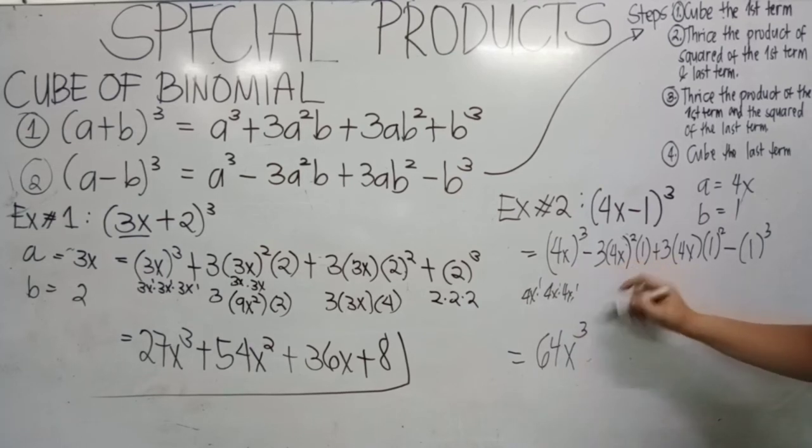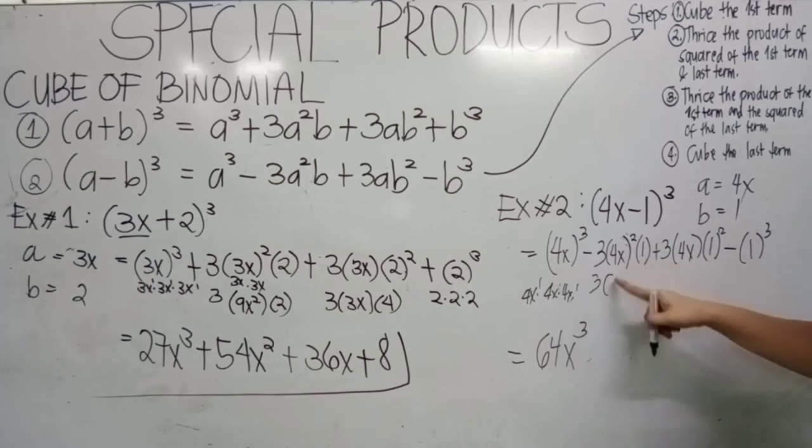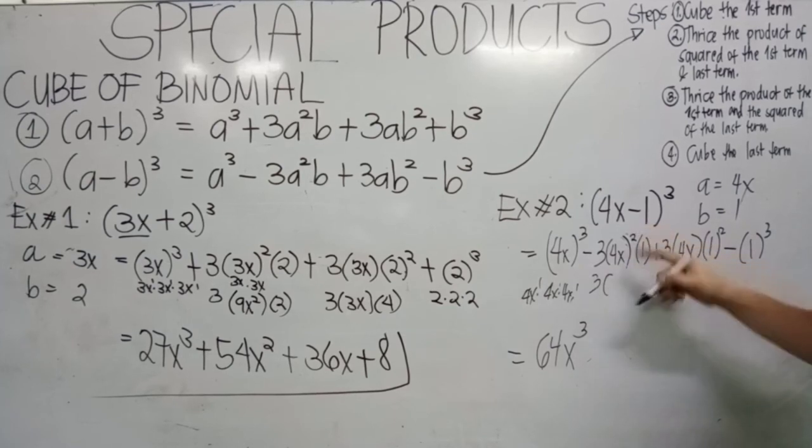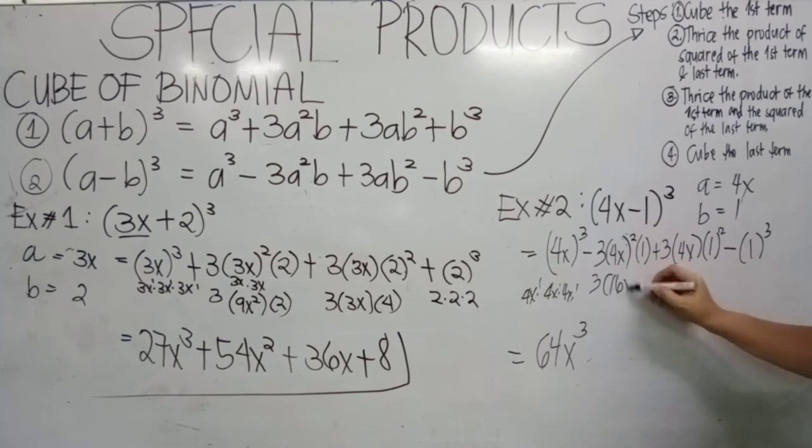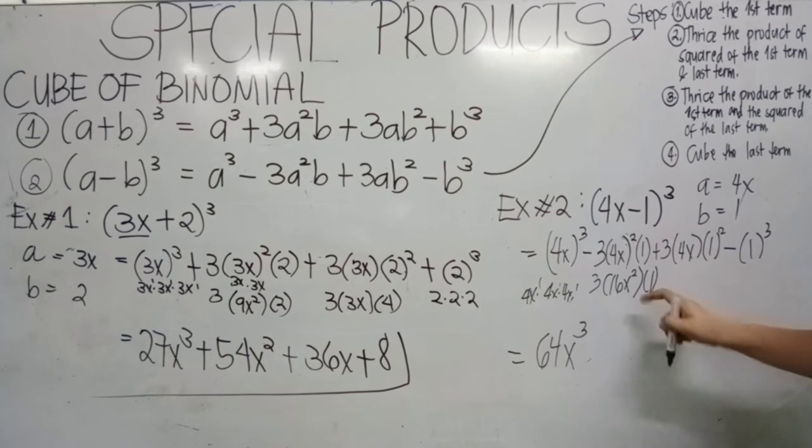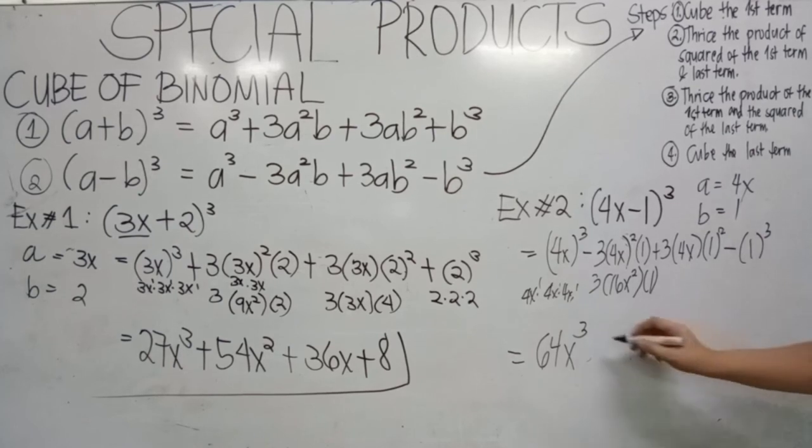Next, ayusin nga muna natin yung exponent. So we have 3 multiplied by 4x squared, magiging 16x squared multiplied by 1. Any number multiplied by 1, answer is that number. So, 3 multiplied by 16 is equals to 48.